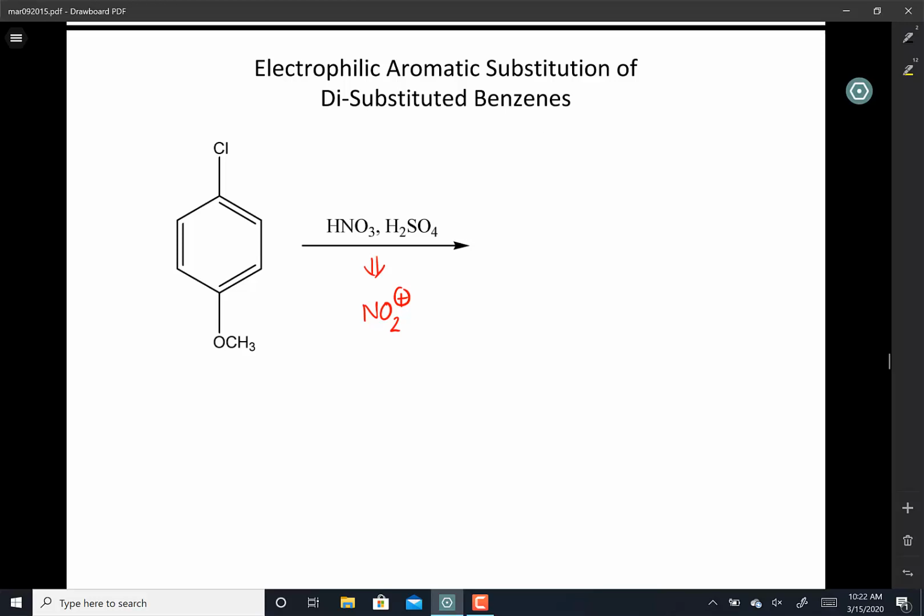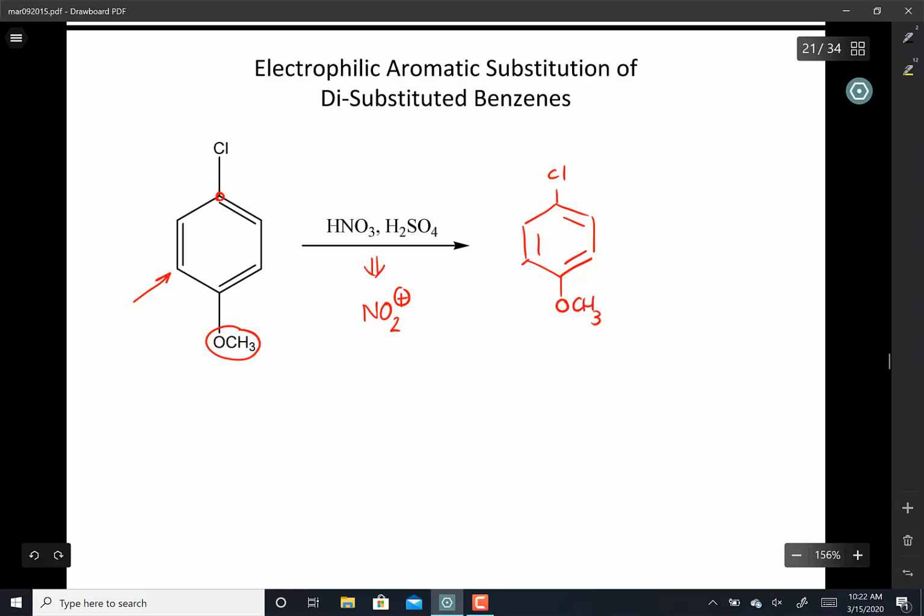Which one of these two groups is highest on the chart? The OCH3. It's an activating group, so therefore it's going to direct ortho and para to itself, but the para position is blocked. So I'm going to go ahead and add the NO2 group to that position.